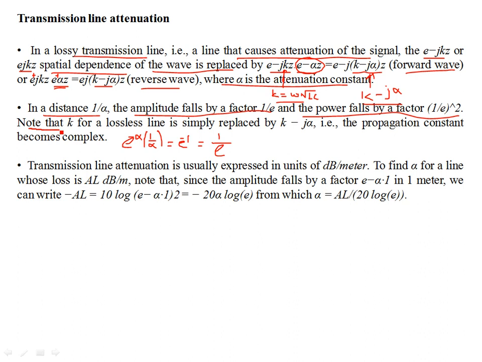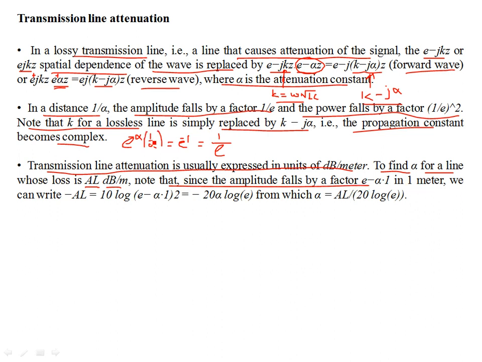So note that the k for a lossless line is simply replaced by k - jα, so the propagation constant becomes complex. That's the first thing to notice. The other thing is that since the transmission line attenuation is usually expressed in terms of dB per meter, you can find alpha. How do you find alpha? For a line whose loss is capital A_L, given in dB per meter, the amplitude is falling by e^(-αz).